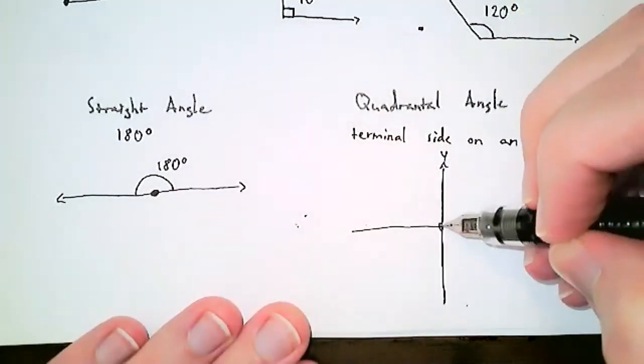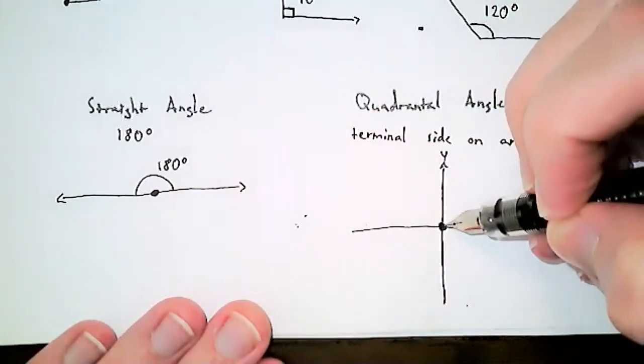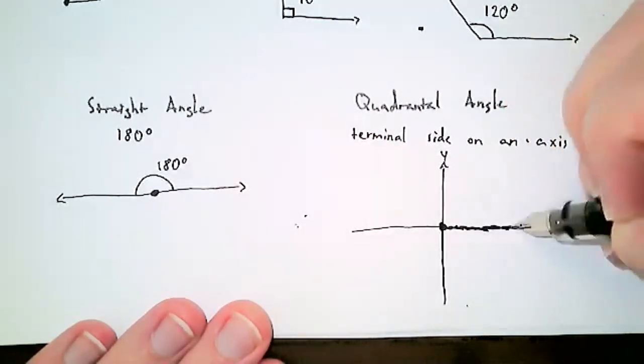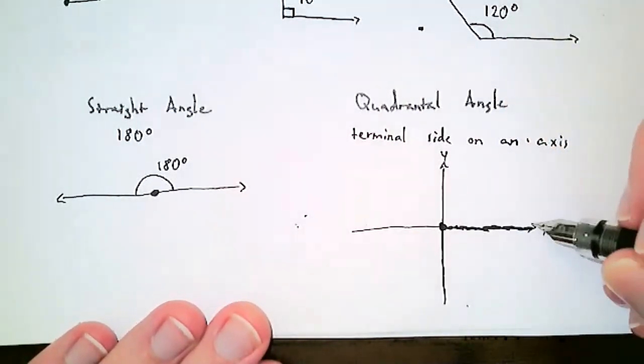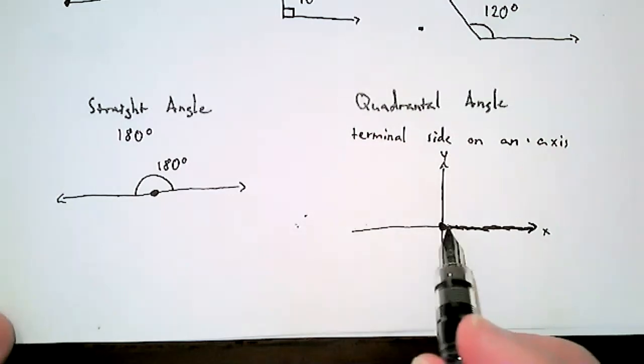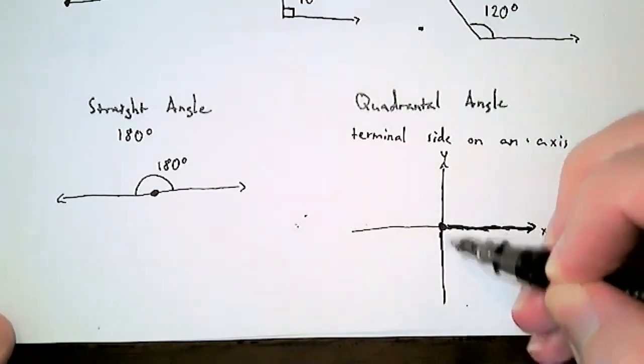And here I have my vertex located in its standard position, and my initial side is pointing to the right along the x-axis. And then my terminal side needs to be on one of the other axes. So it could be, for example, down here.